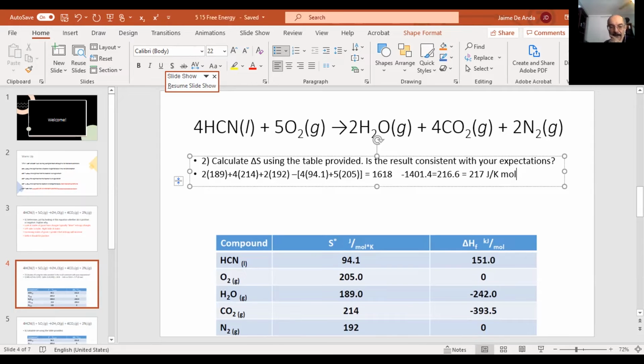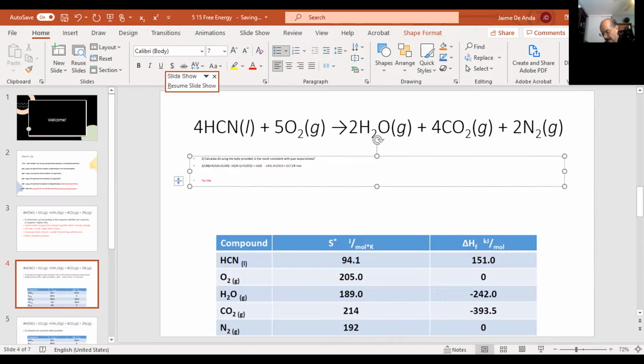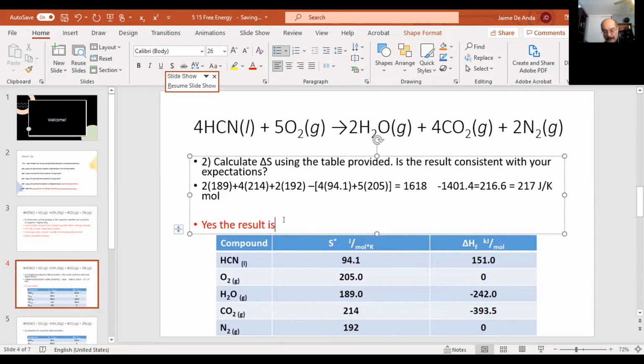Okay, so does that corroborate our initial assumption, which was that this should give us a positive value? So we'll say yes, the result is consistent.